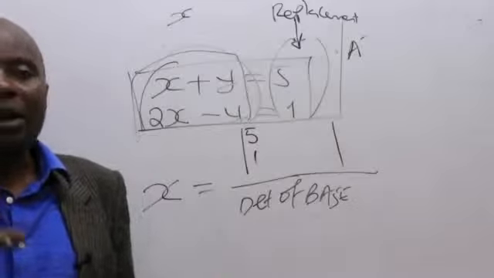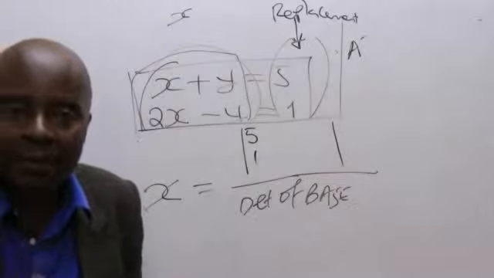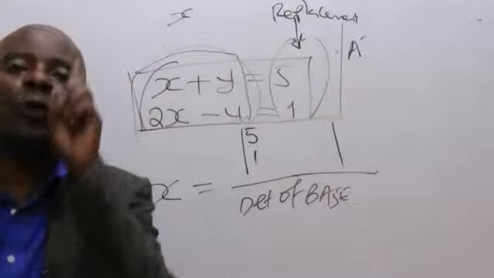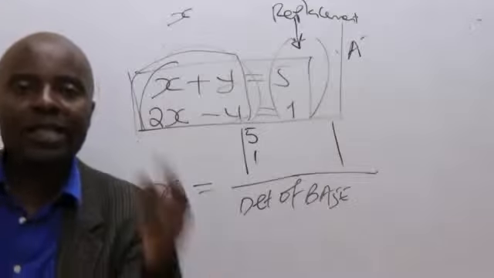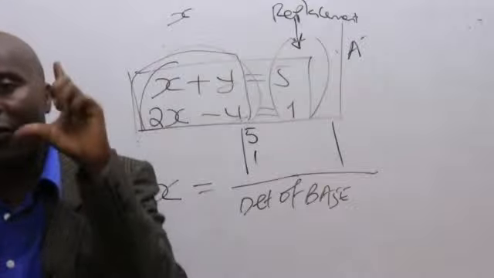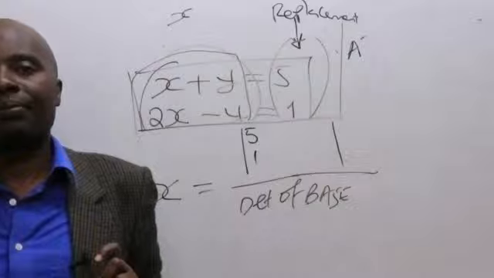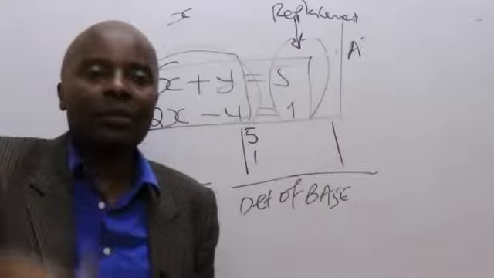You can't have two just disappearing like that. It's one at a time. And if column x has disappeared, then the column y has to remain.